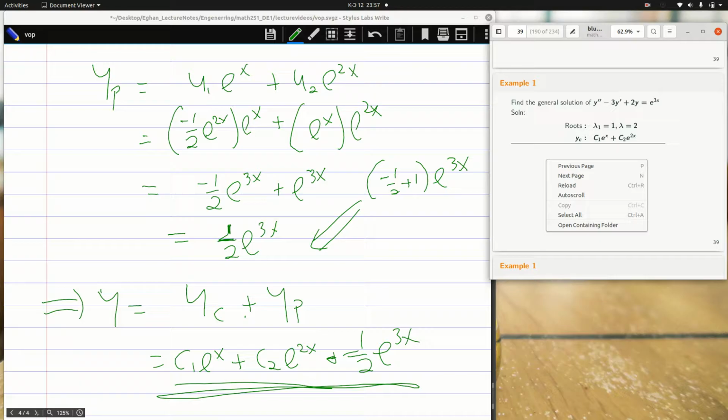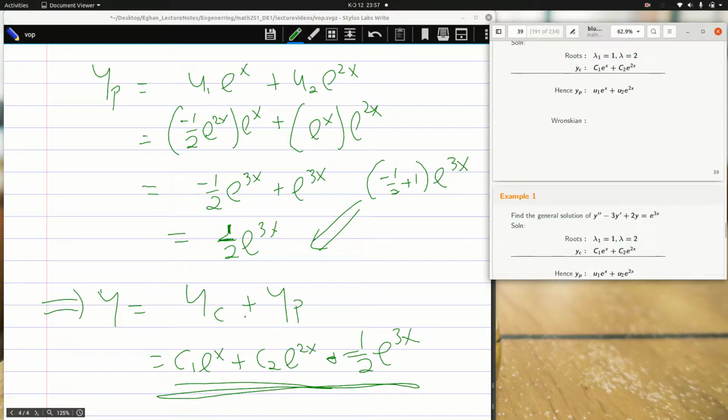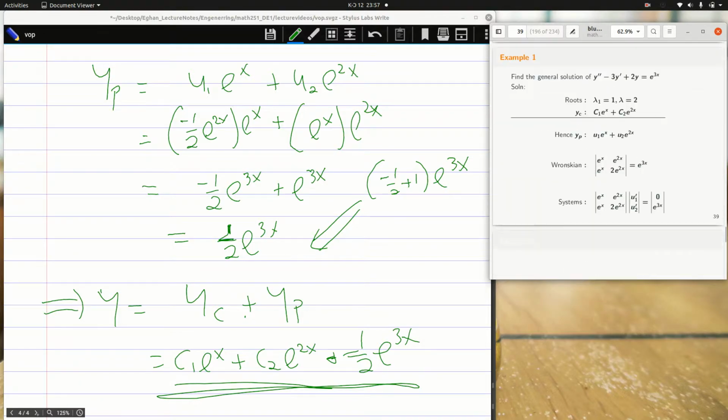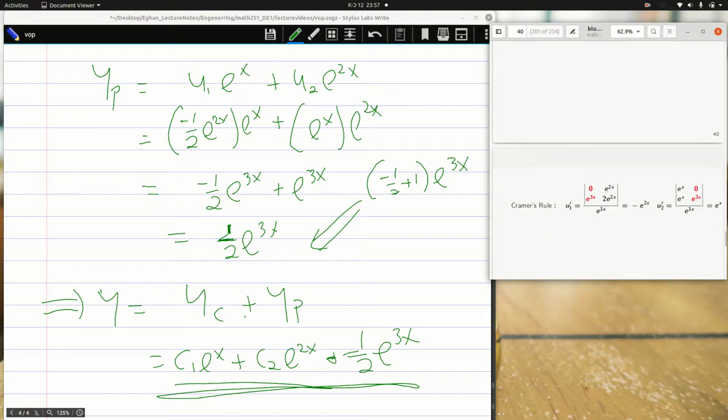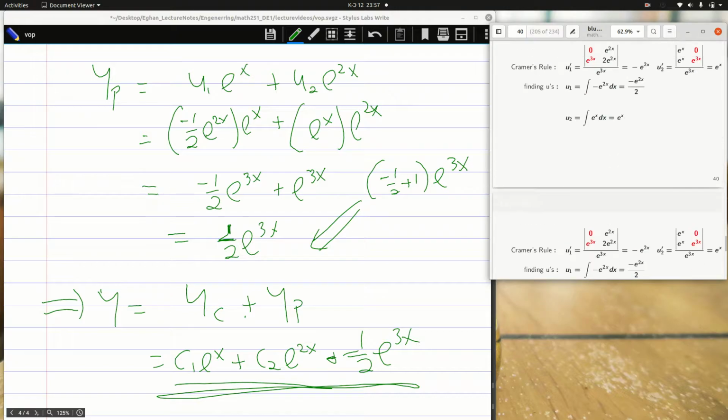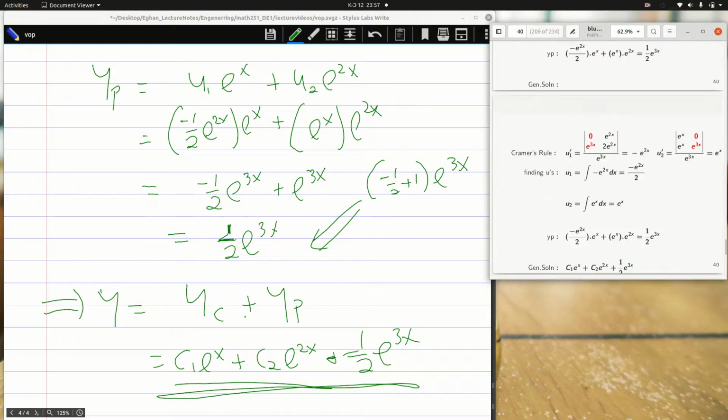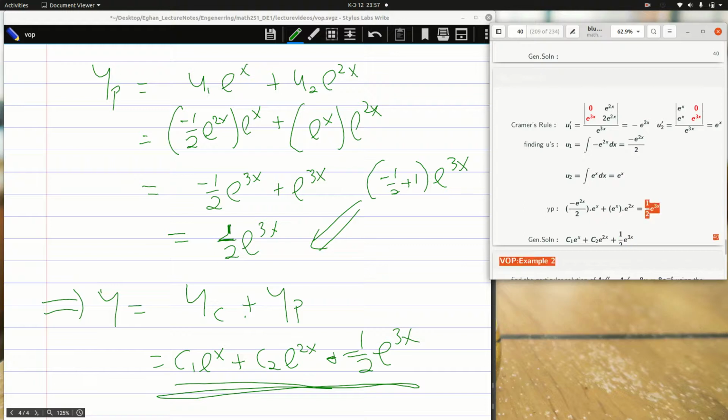So I'm going through my slides. I'm done with example 1. We've gone through all these things. Yeah, and then you see that's the final solution. Example 2.